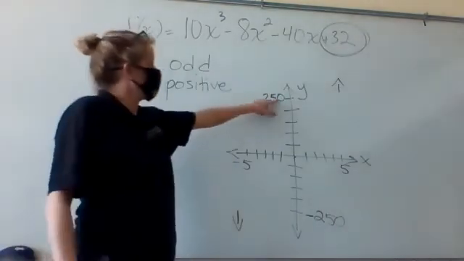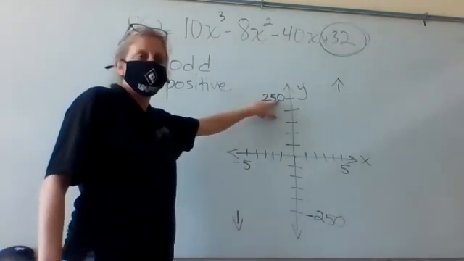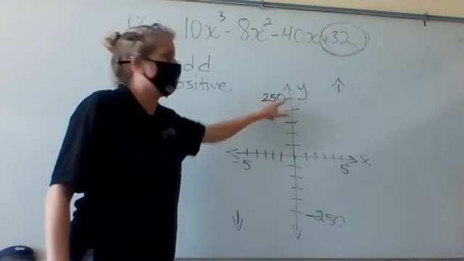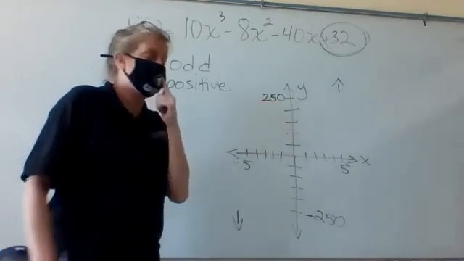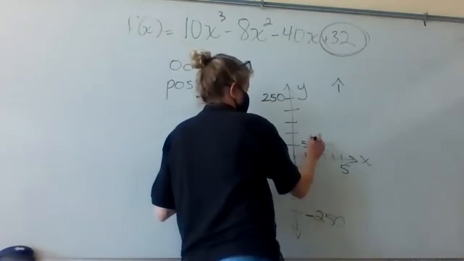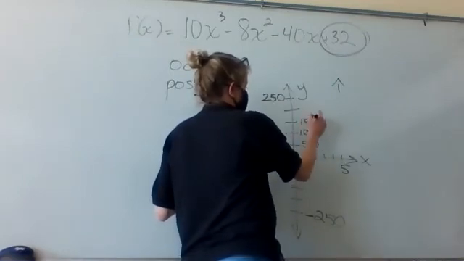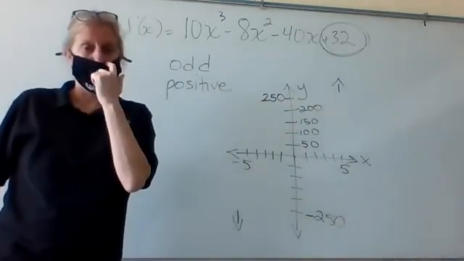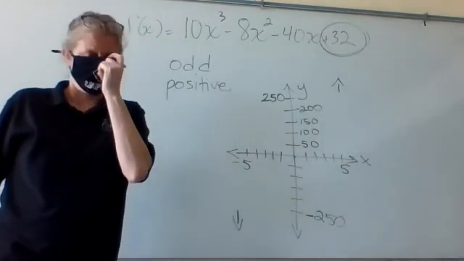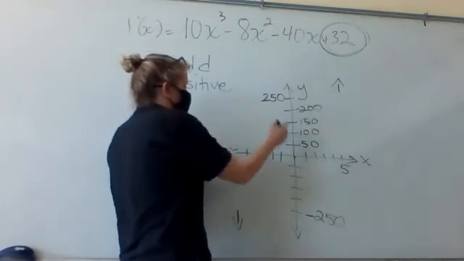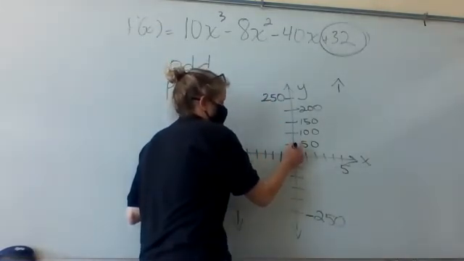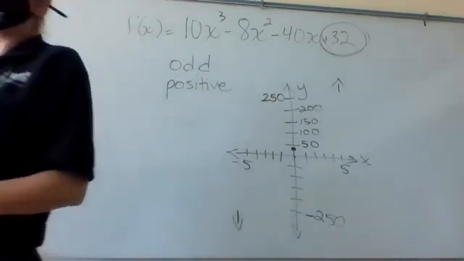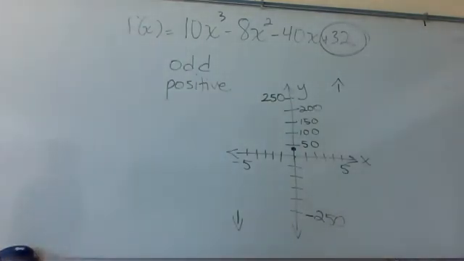So if this is 250, it doesn't tell me what the scale is, but if that's 250 and there's only 5 hash marks to get there, that means each hash mark is a 50: 50, 100, 150, 200, 250. So if it's going to cross the y-axis at positive 32, it's going to be a little below that first hash mark.